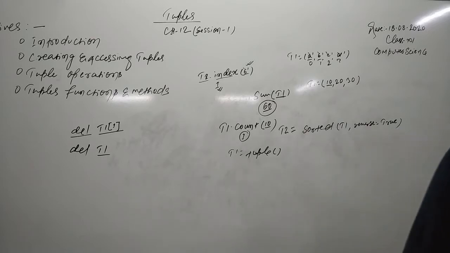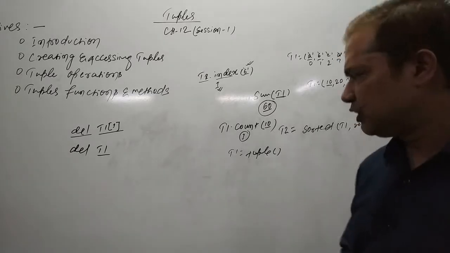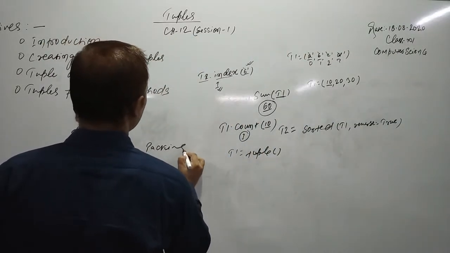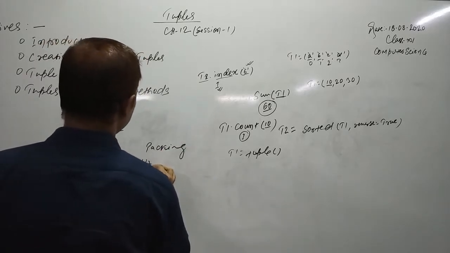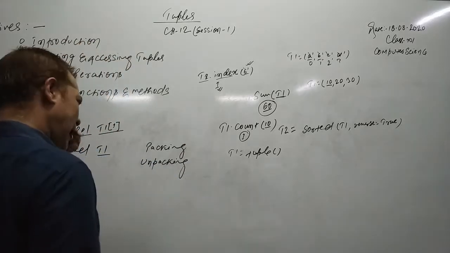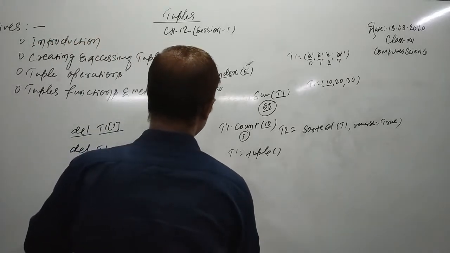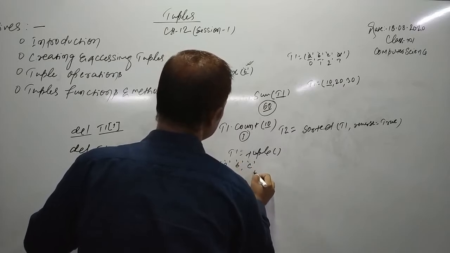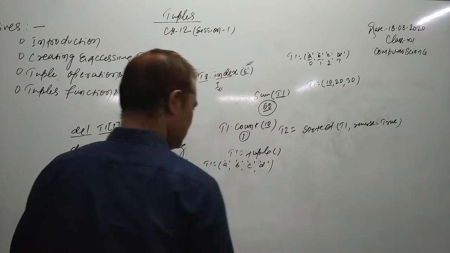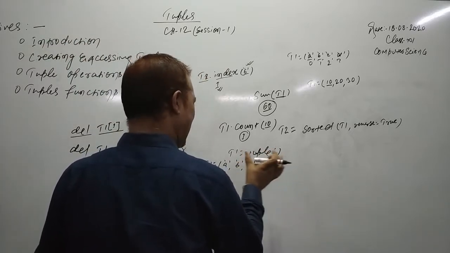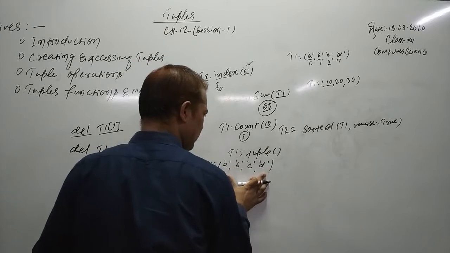Now, using tuple unpacking. Packing and unpacking, there are two words. Once I say packing, what does it basically mean, and what is unpacking? Try to understand that first, then we'll discuss how to unpack. Now, T1 equal to A, B, C and D is packing, because I'm creating a tuple and storing all four elements in it.